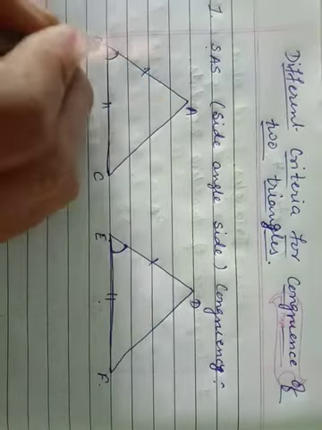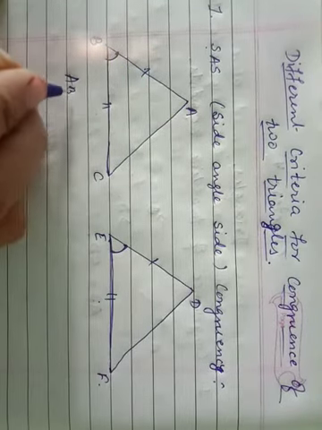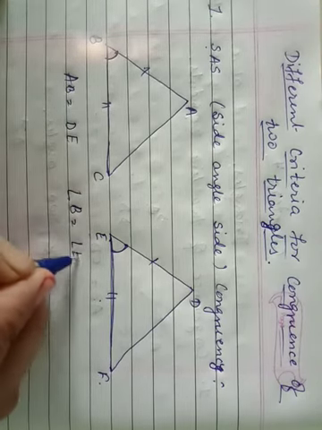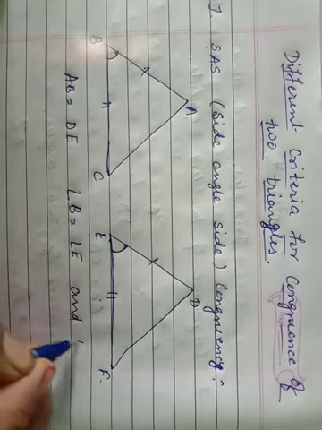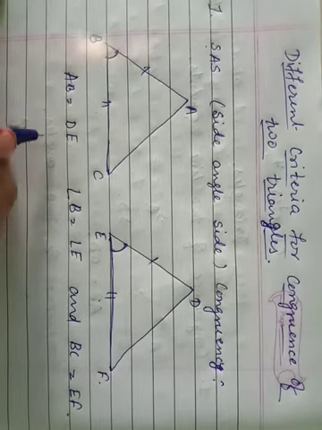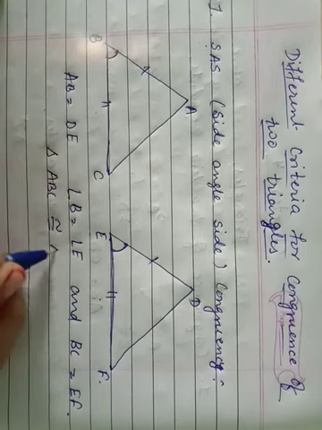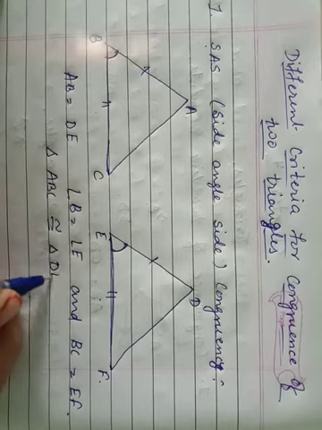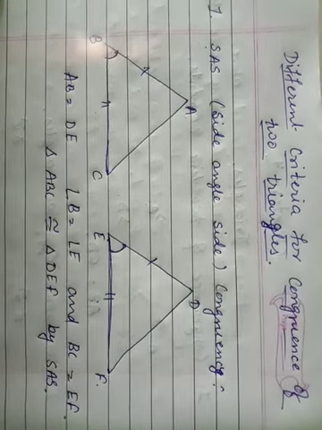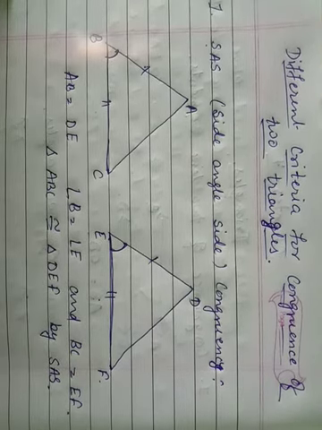Like AB equals DE, angle B equals angle E, and BC is equal to EF. Then we say that triangle ABC is congruent to triangle DEF by the SAS congruency rule. This is called SAS congruency.